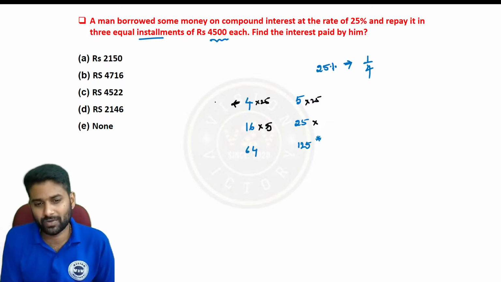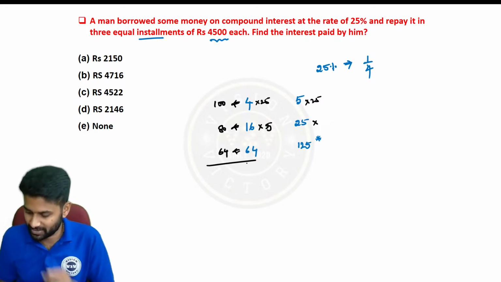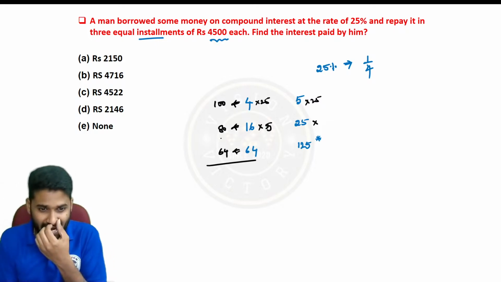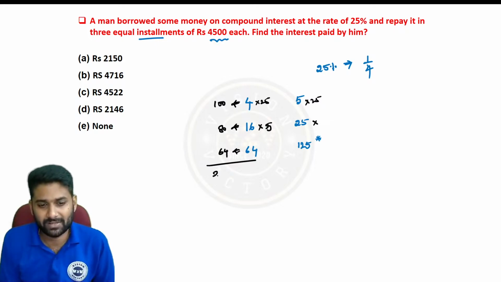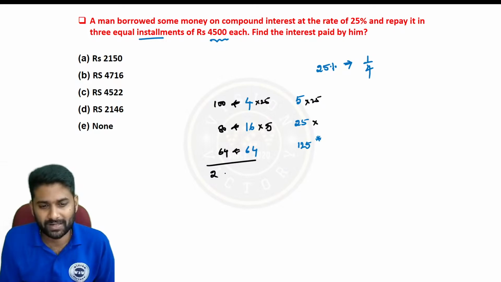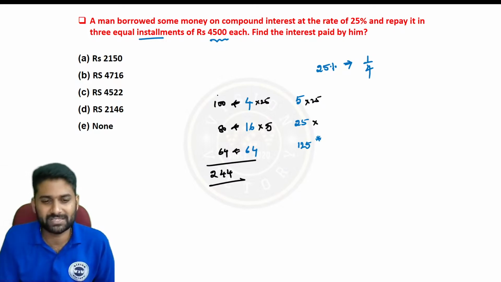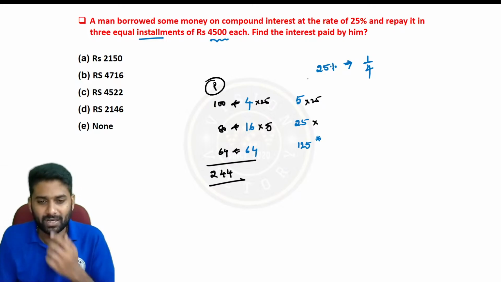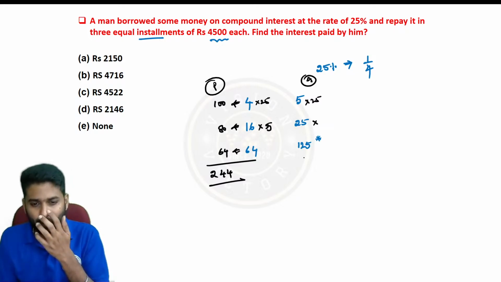Now here you will get 100 units, here you will get 80 units, and here you will get 64 units. If you add all these numbers, you will get 244 units. So that's the principal amount. Now at the end of the duration, how much are you going to pay?